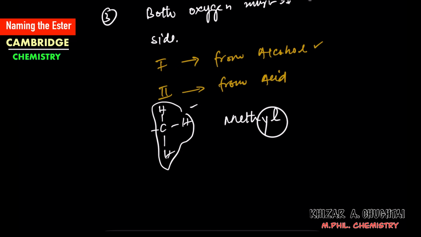So the name of the first part is methyl. The name of the carbon chain first of all, then you add YL, methyl. Then we will write the name of the second portion.